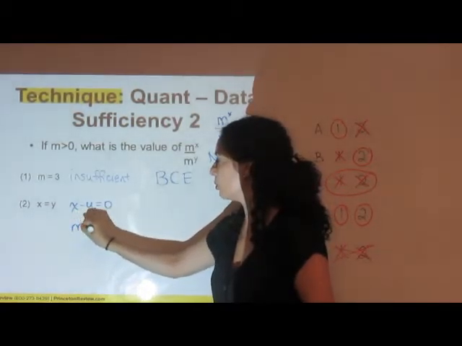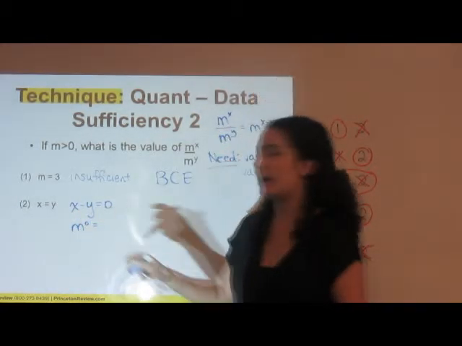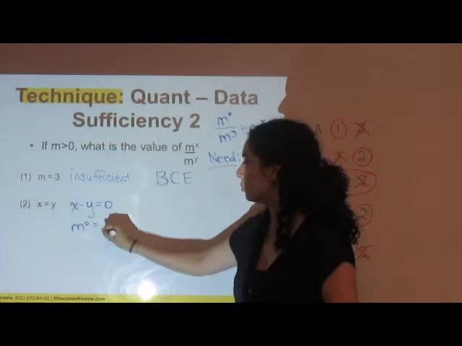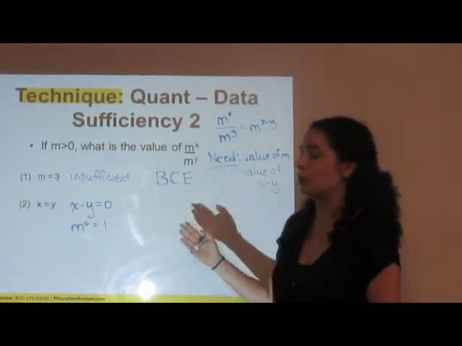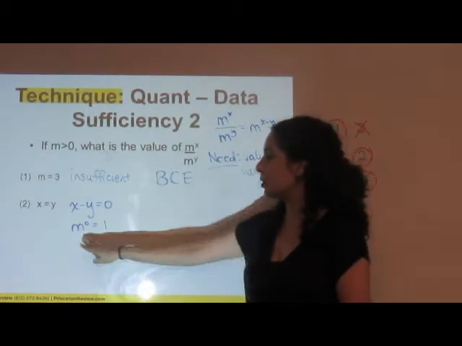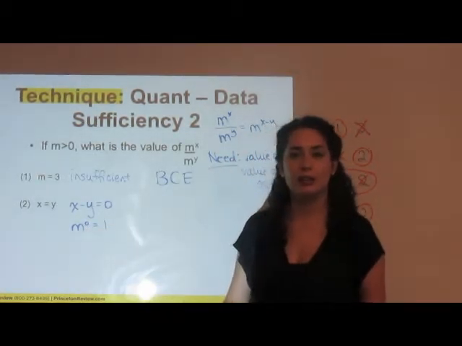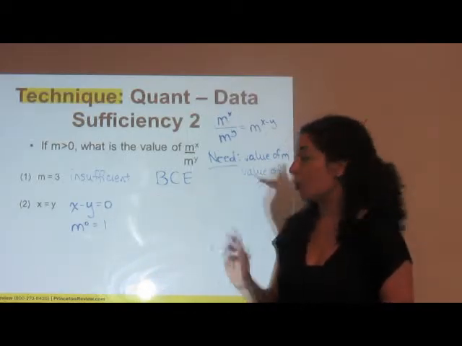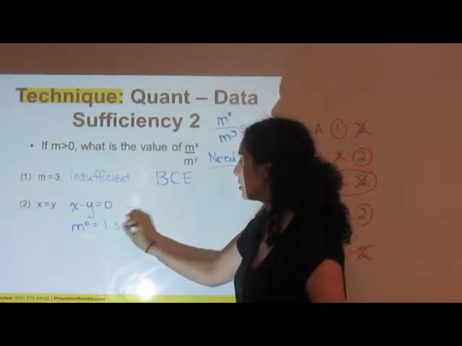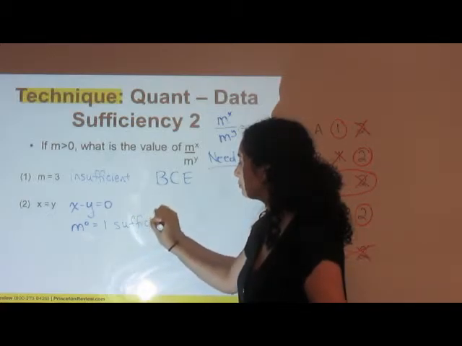And if you recall your exponent rules, anything to the power of 0 is always equal to 1. So while normally to calculate the value of an exponent we need to know both the base and the exponent, here, because it is that exceptional case of 0, we don't need to know the value of m, and we can solve it. So statement 2 gives us a sufficient amount of information.